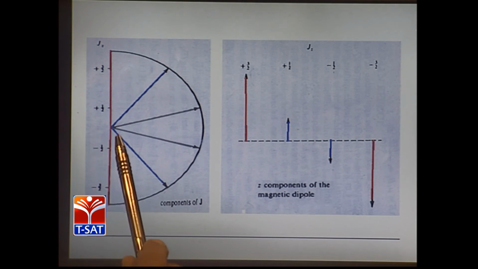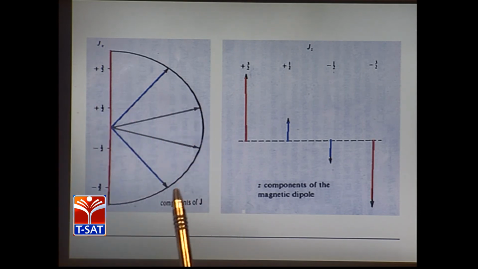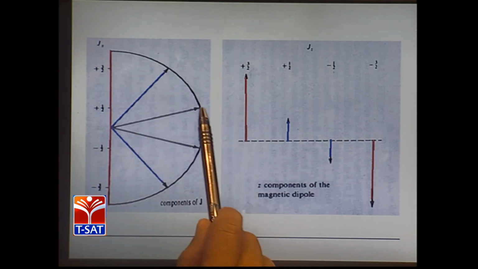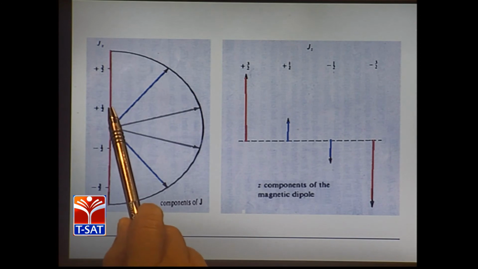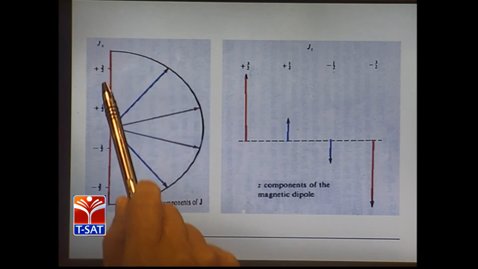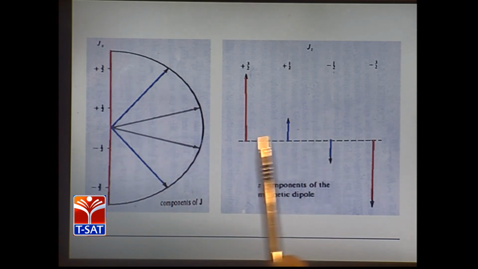So, the J vector components are taken from this to this, along the z direction: minus 3 by 2, minus 1 by 2, this component will be plus 1 by 2, and this component will be plus 3 by 2. These 4 components are shown in this particular part of the slide.